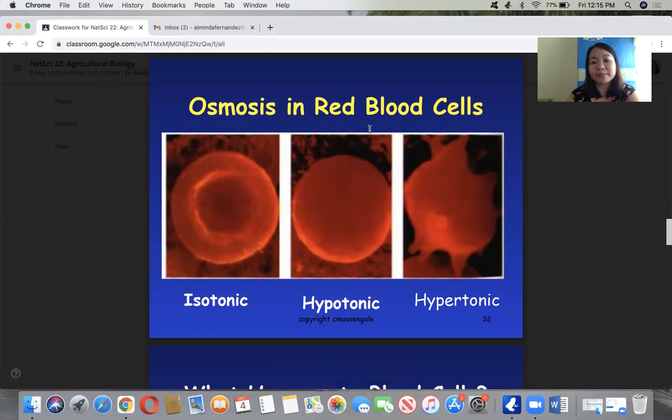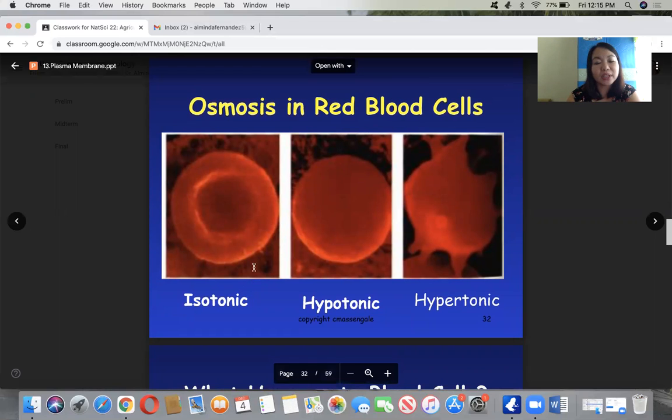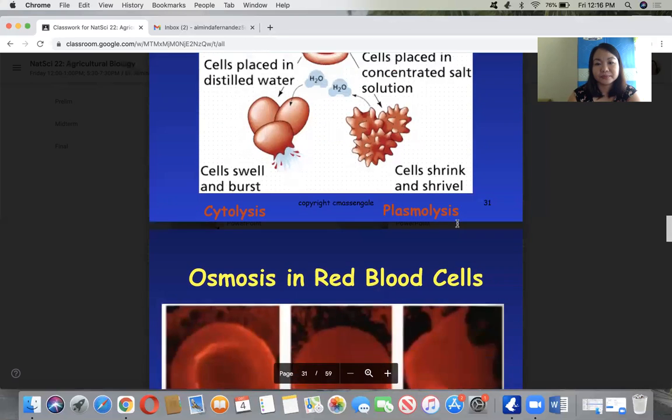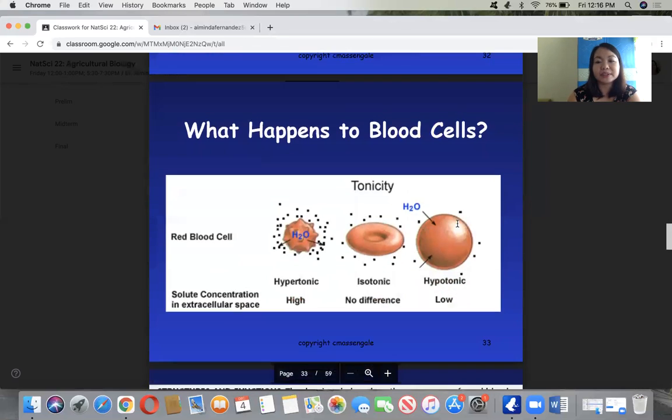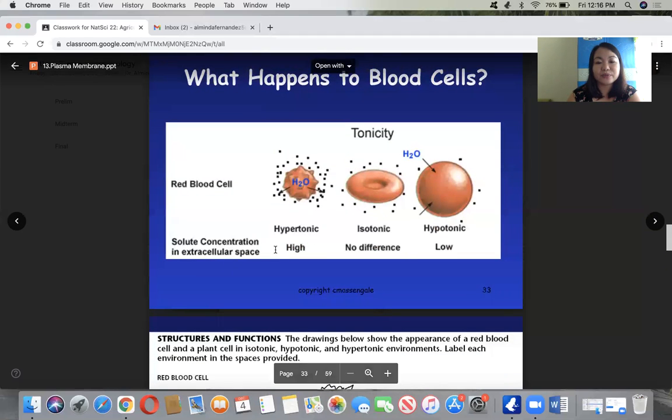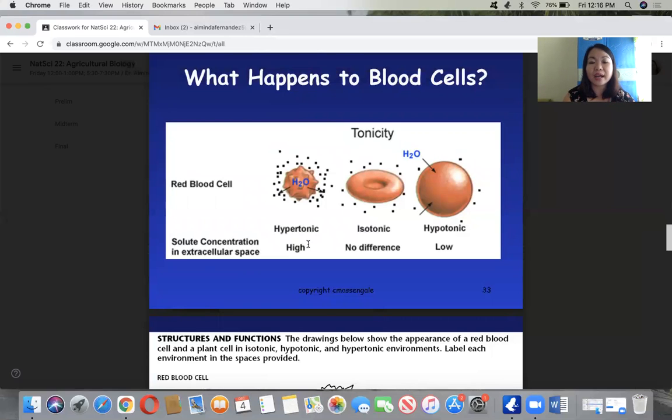So osmosis also takes place in red blood cells, with isotonic red blood cells, hypotonic red blood cells, and hypertonic red blood cells. What happens to blood cells is that in a hypertonic or high solute concentration, the red blood cell shrinks as water leaves the cell.